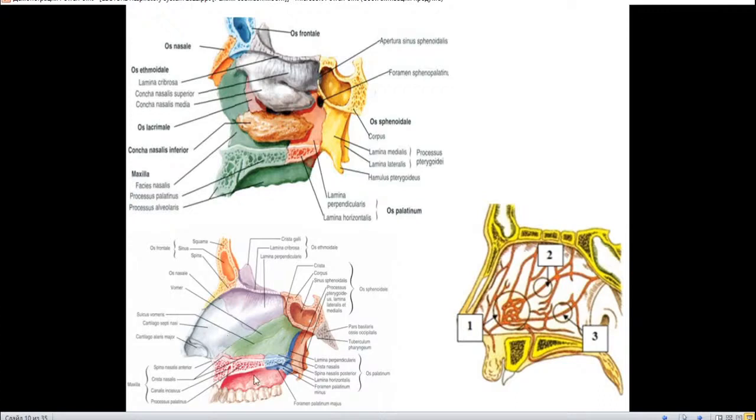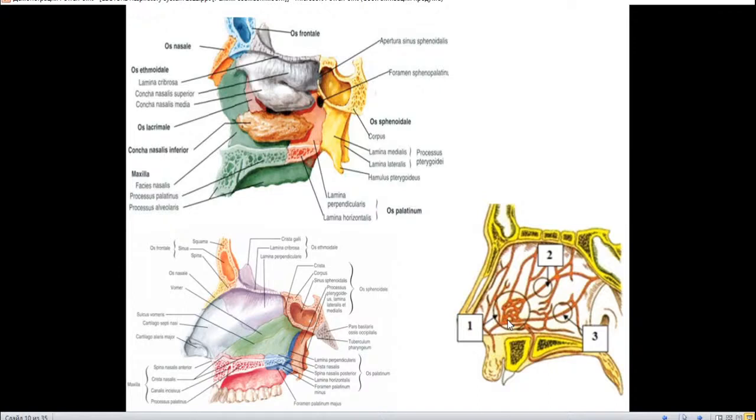About the blood supply, the nasal cavity is very vascularized, and in the anterior region of the nasal cavity we have the so-called Kisselbach plexus. It's a cavernous venous plexus, with formation of enlarged cavities in the mucous membrane of the nose.